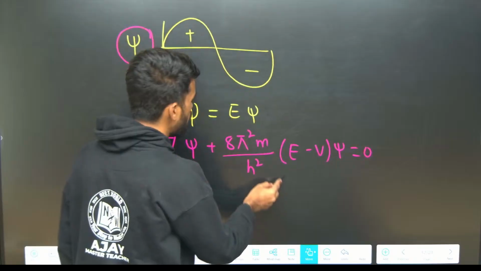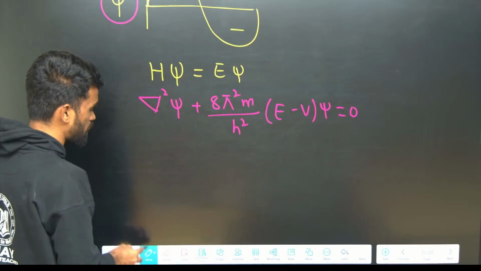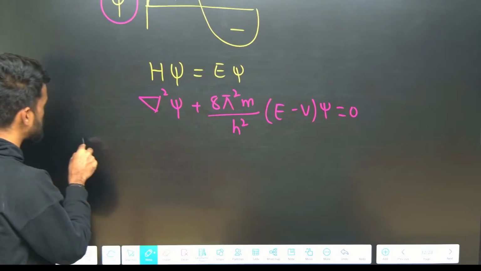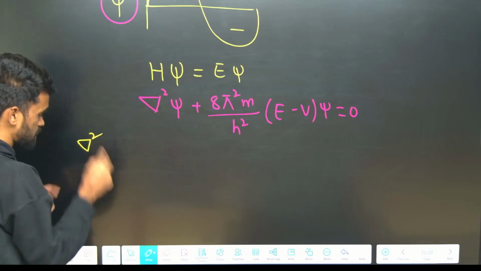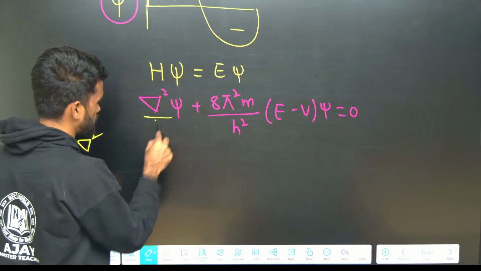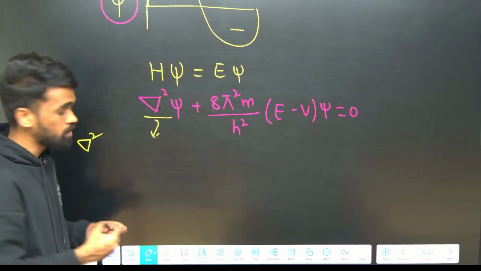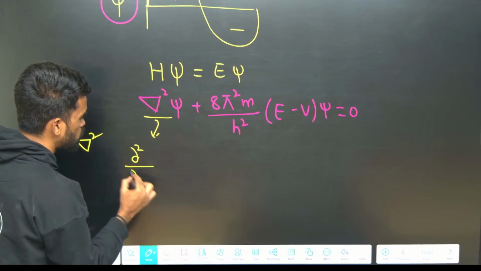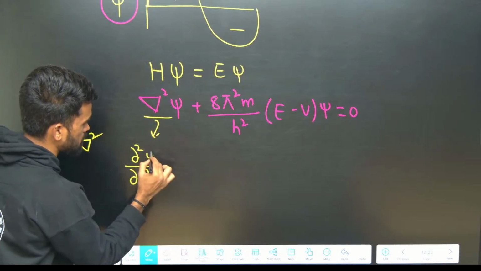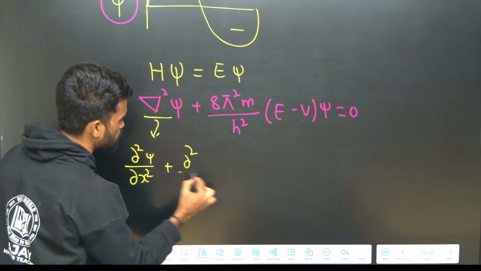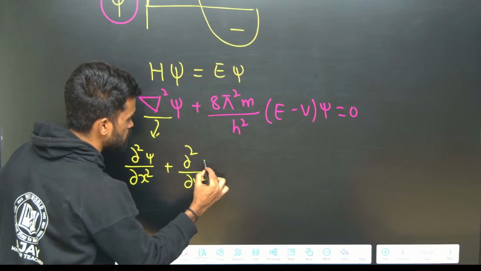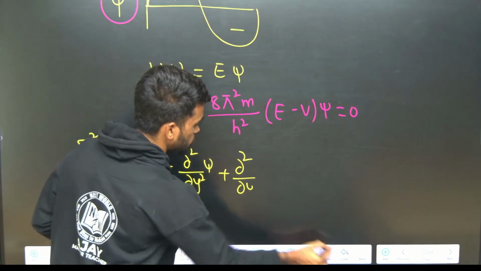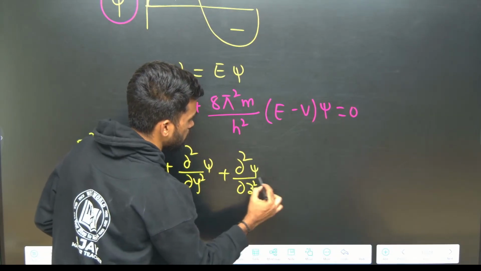Okay, so now by solving this Schrodinger wave equation for hydrogen atom, in the exam you won't see it like this. This del is there, so this del square will be represented like this. It is a Laplacian operator, so it will be represented as partial differentiation: dou square by dou x square of psi, plus dou square by dou y square of psi, plus dou square by dou z square of psi.